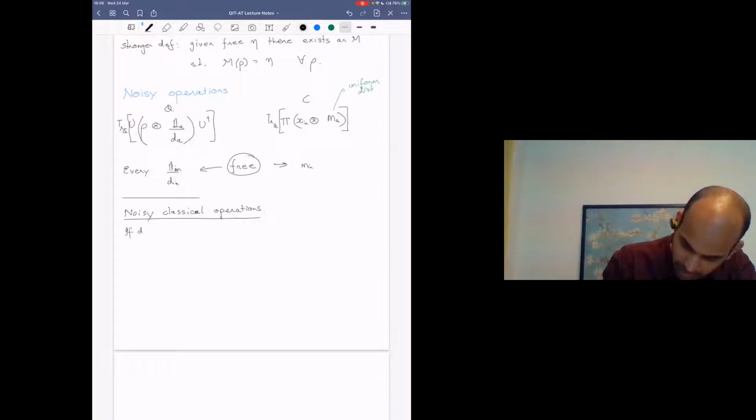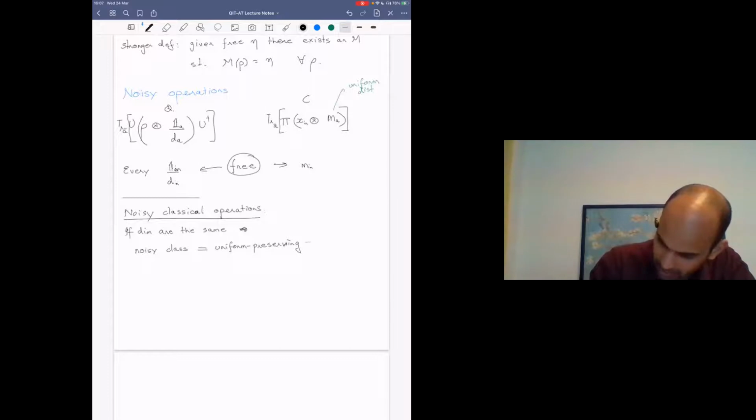So if dimensions are the same, then there's an equivalence between them: noisy classical operations are exactly the same as uniform preserving operations. And this is something that you'll have done in the tutorial, if I'm not mistaken.